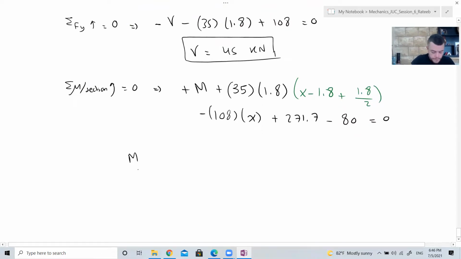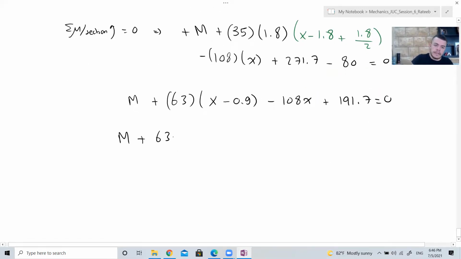So M plus 63 times x minus 0.9 minus 108x plus 191.7.